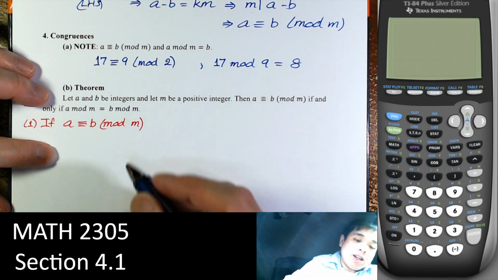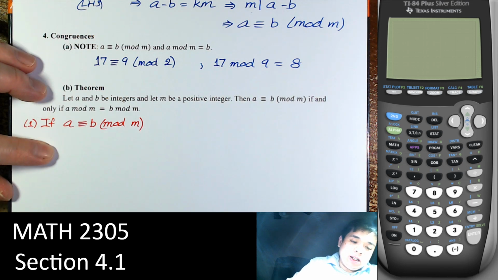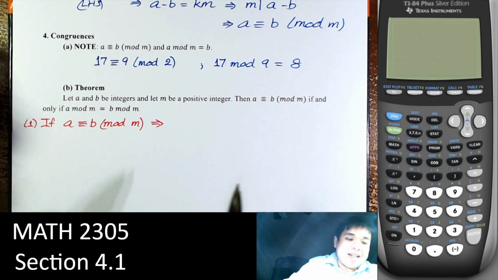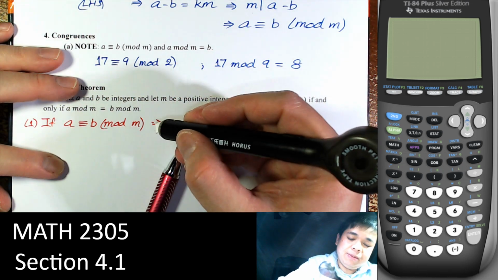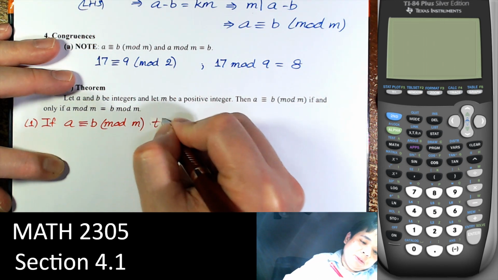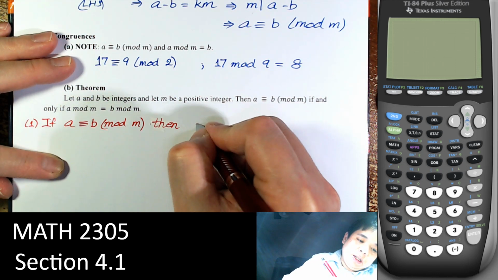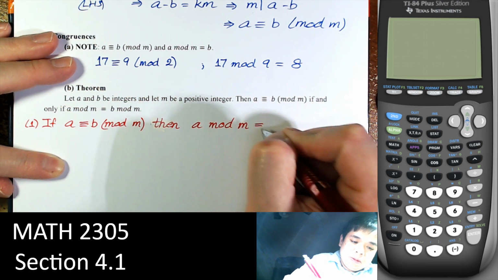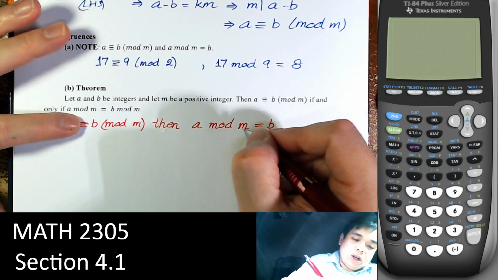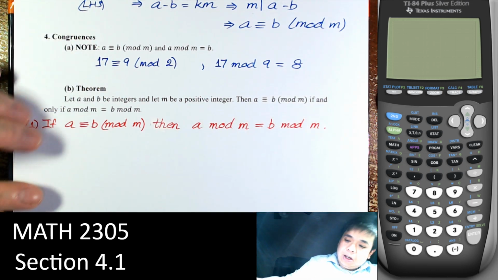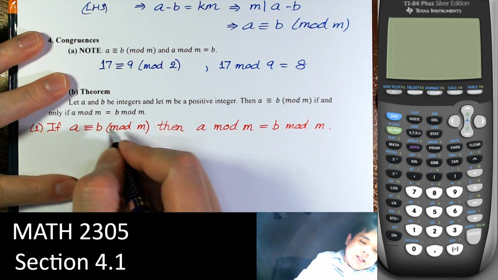If that is the case, we need to show that a mod m is equal to b mod m.